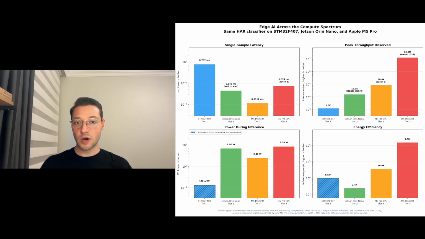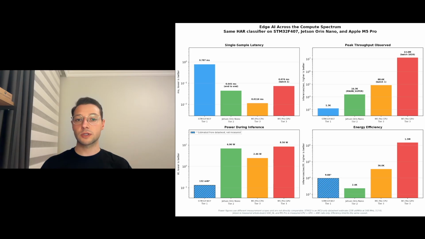It exceeds the requirement by more than 3 orders of magnitude on the smallest platform in the series, so nothing about the microcontroller is really justified for this workload. And the useful question is not which platform is fastest, but how much of the microcontroller remains available for everything else the device has to do. And at 0.79% utilization, nearly all of it is still available.